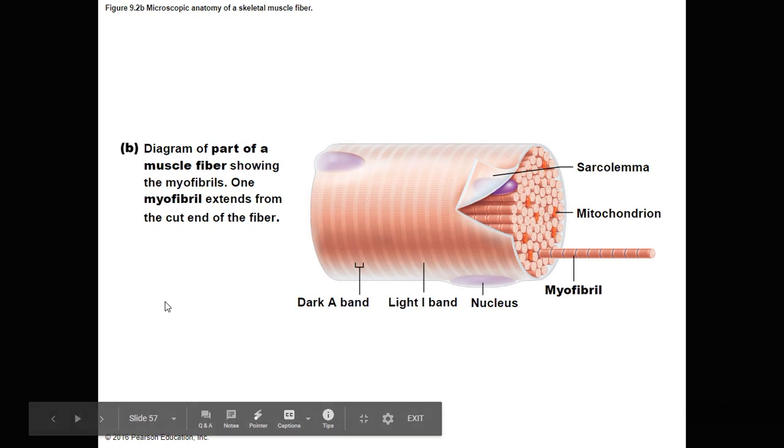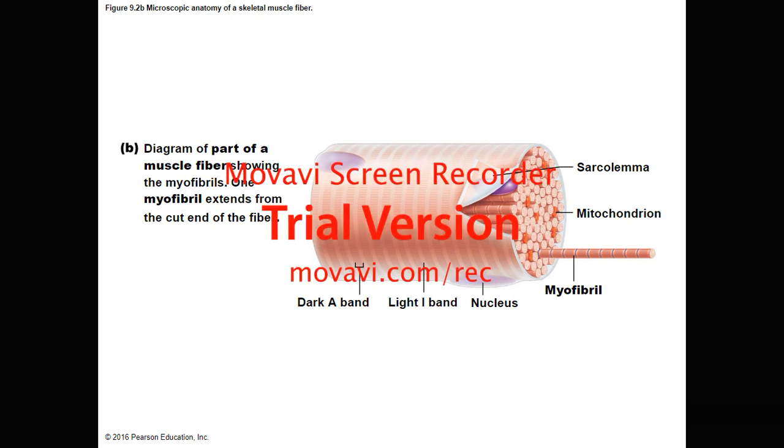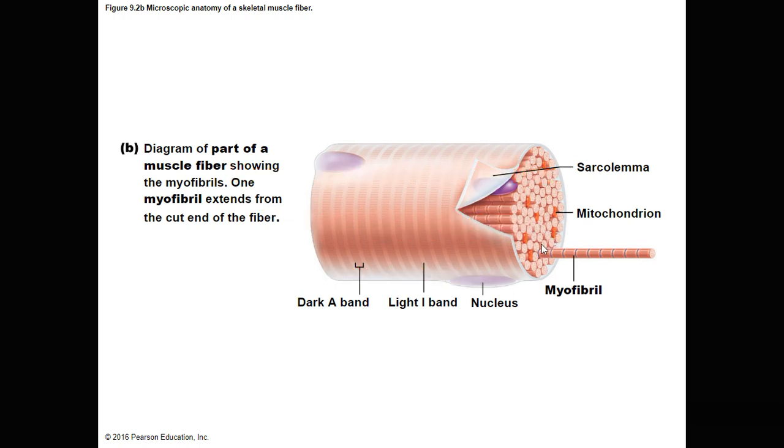Here's another figure of a muscle fiber. Remember, this is a muscle cell, and it's packed in its cytoplasm with all these myofibrils, which are made up of myofilaments, thick and thin filaments.